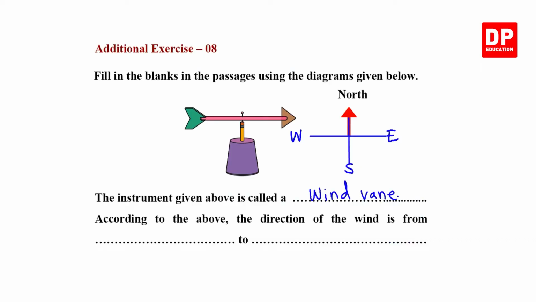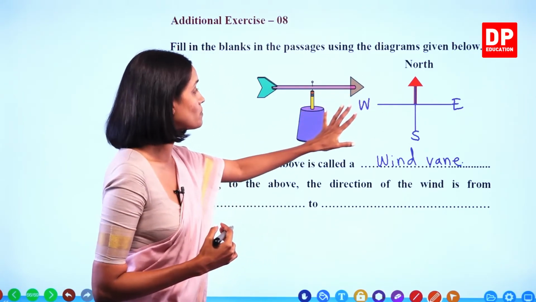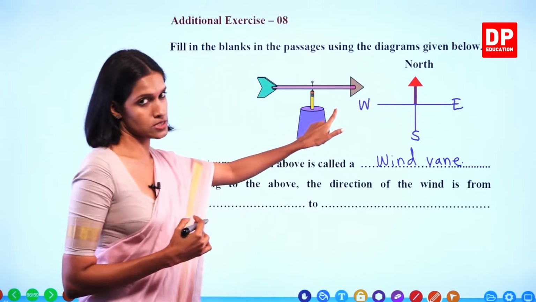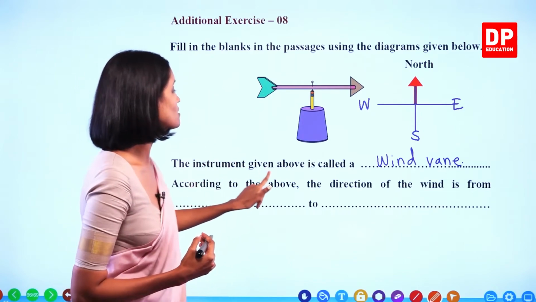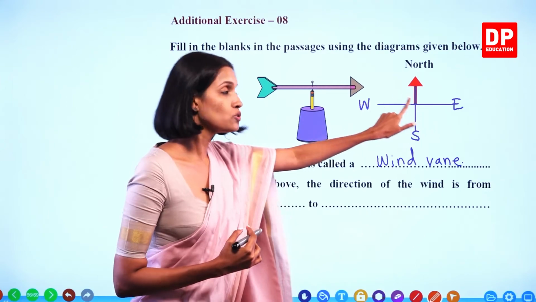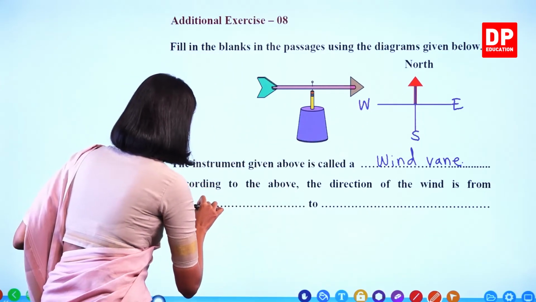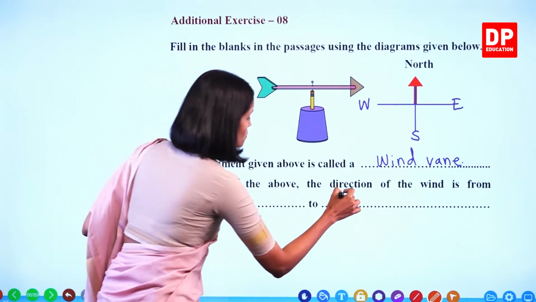So you all can see the arrowhead is pointed towards the east, which means the wind is blowing from east to west, right? From east to west. So according to the above, the direction of the wind is from east to west.